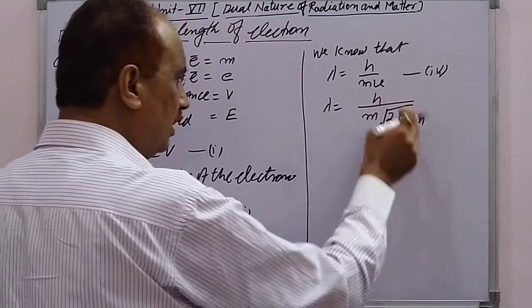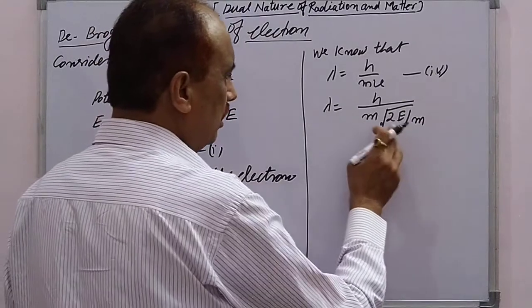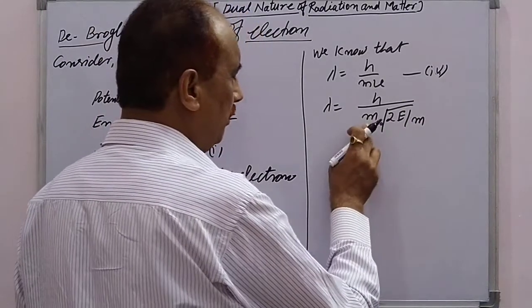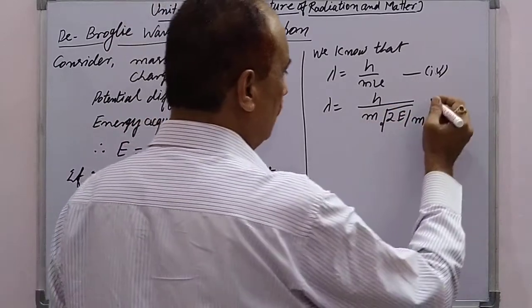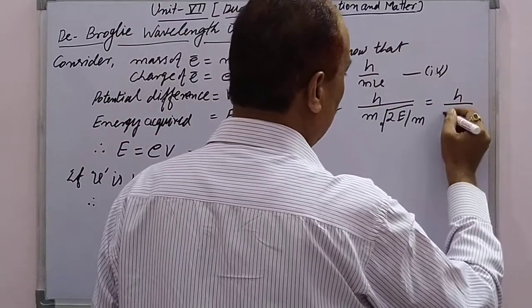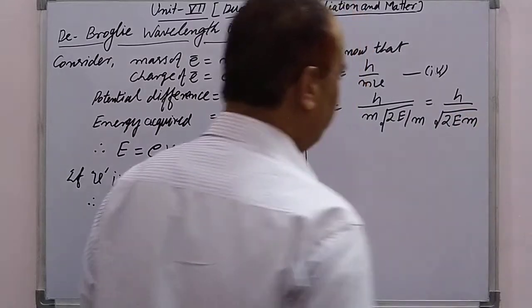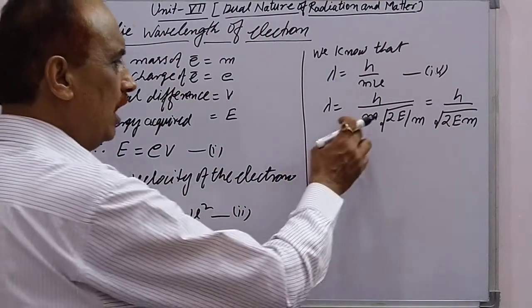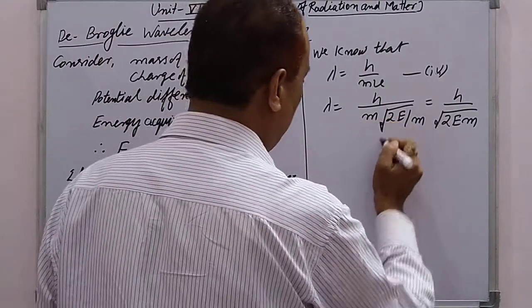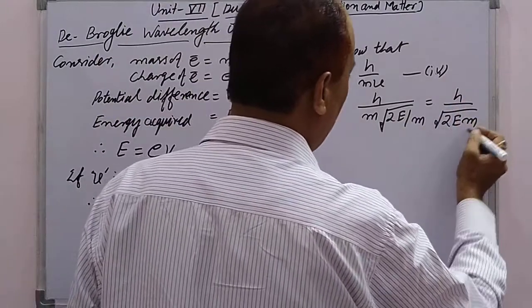Now simplify that equation. When we put m inside the square root, it becomes m², and one m cancels out, so we get h upon the square root of 2Em. So the wavelength lambda equals h upon root 2Em. This is equation number 5.